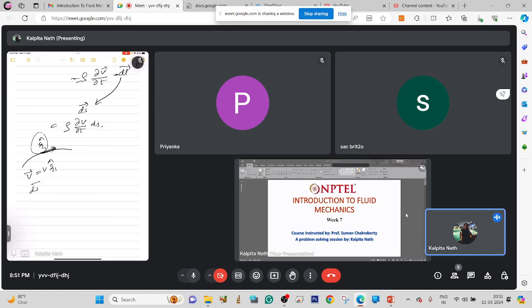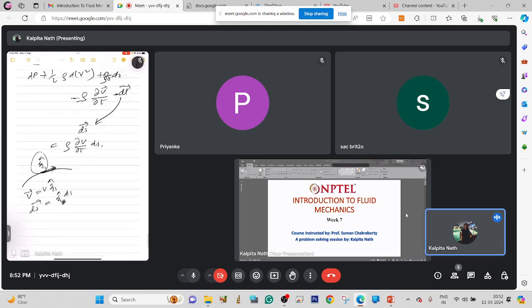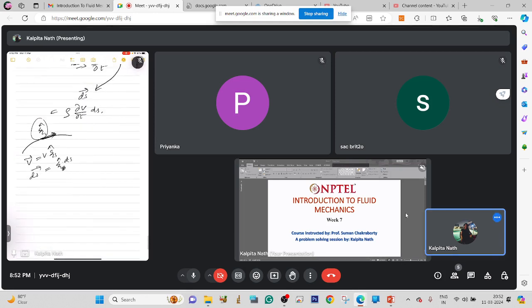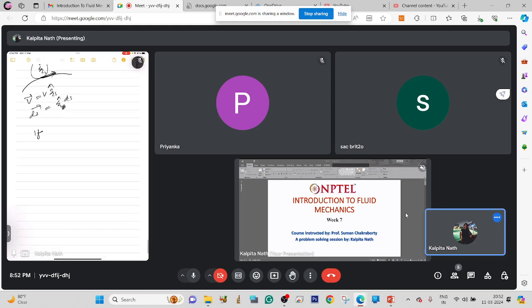So ds vector is equal to the unit vector times ds. Now let us suppose pressure is constant, then this can be written as dp upon rho plus half of dv square plus g dz is equal to minus del v del t, the temporal term, ds.